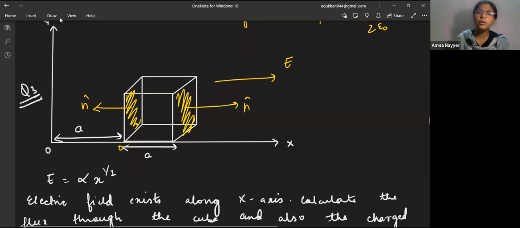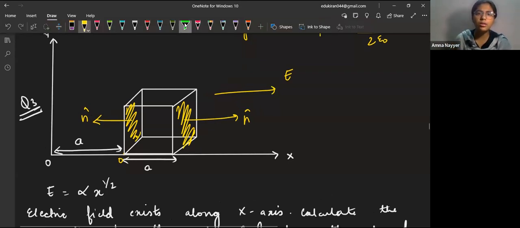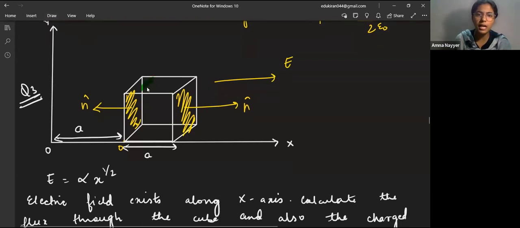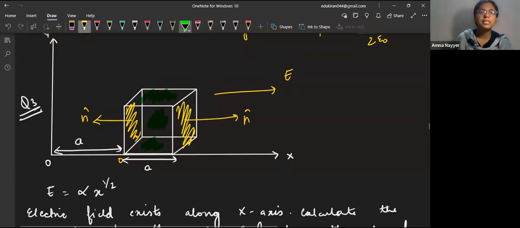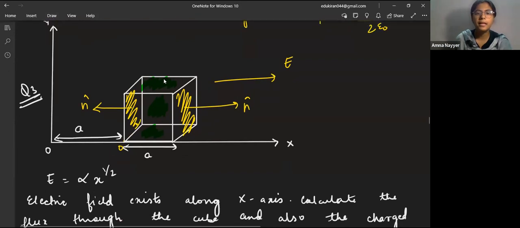But if you look around the rest of the surfaces that are left, look at this surface or the back surface or the bottom surface or this front surface. If you look, this will be n cap, this will be in front n cap, this will go at the back, that is n cap.